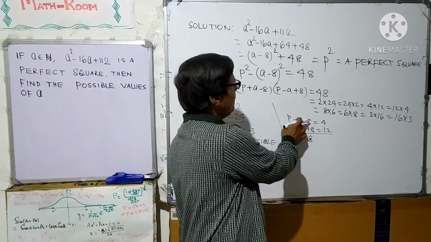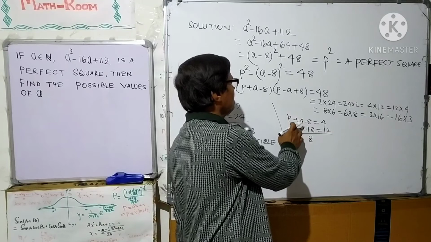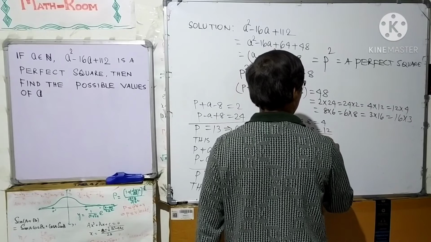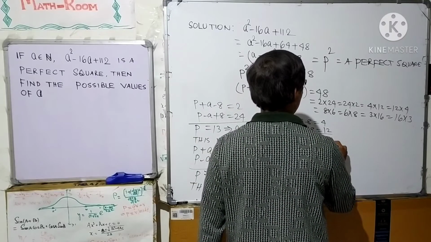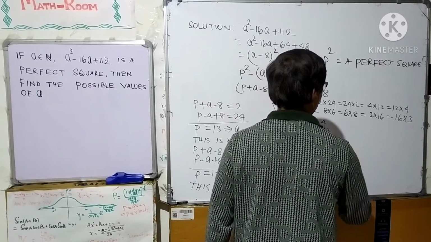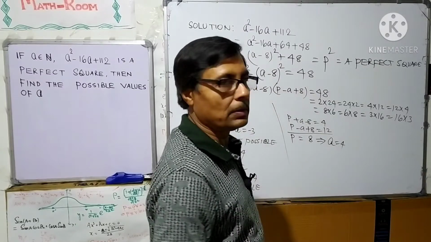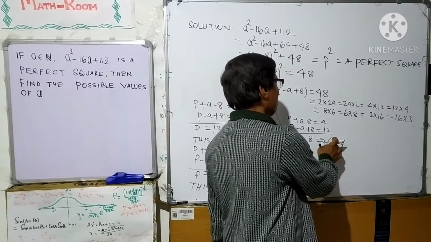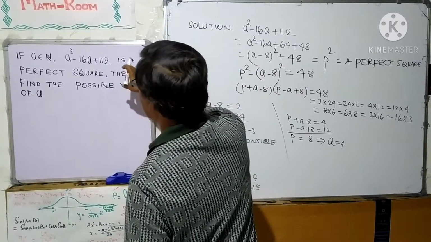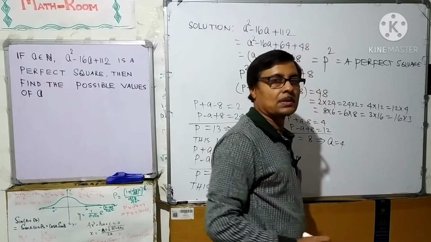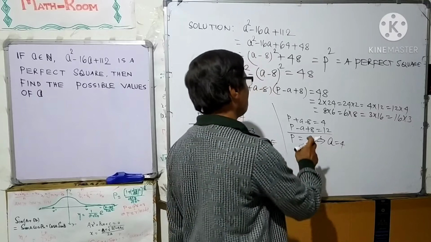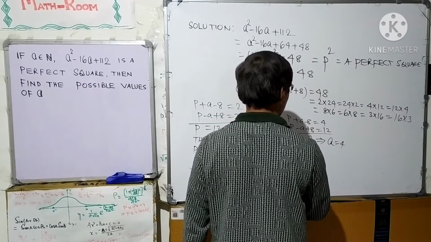If we put p equal to 8 in any of these equations, we get a equal to 4. We get a equal to 4, which is possible because a equal to 4 is a natural number. Here a is given as belonging to the set of natural numbers, so it is possible.